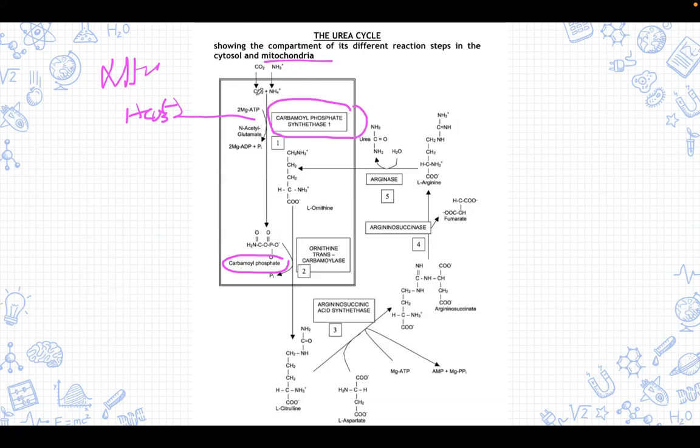Again, the ammonia will fuse with bicarbonate, but it needs the enzyme exactly. Pag tinanong sa quiz, ano yung eksaktong enzyme na kailangan para makabuo ng carbamoyl phosphate, yun yung tinatawag natin na carbamoyl phosphate synthetase 1. So, pagpasok ni ammonia sa ating mitochondria, ano yung mga kinakailangan niyang molecule?